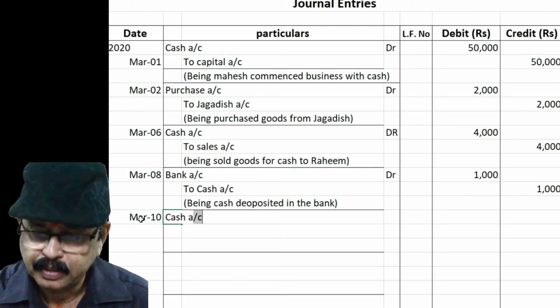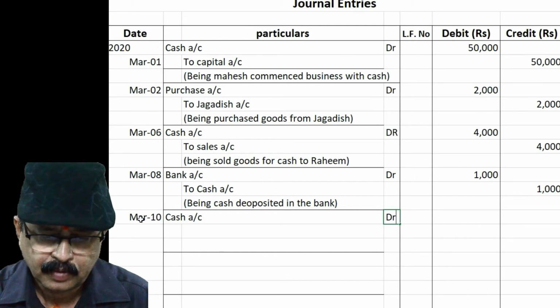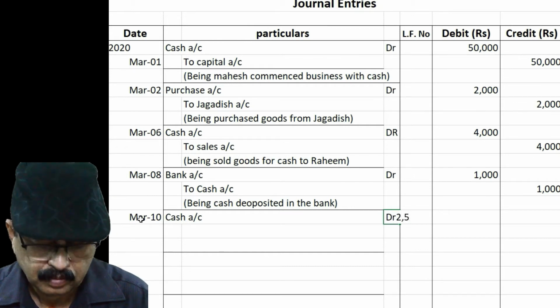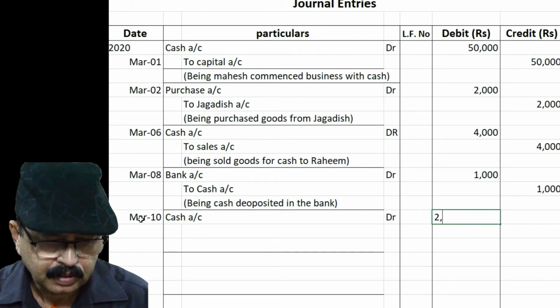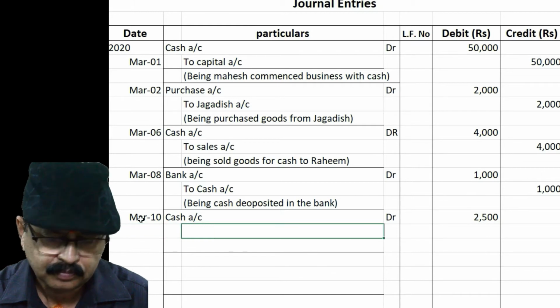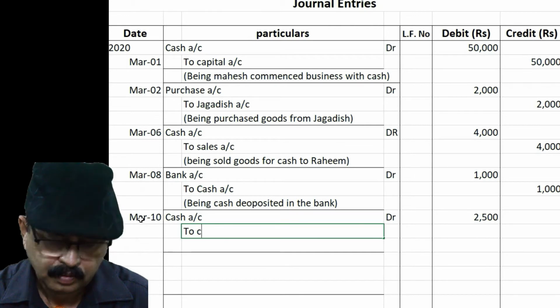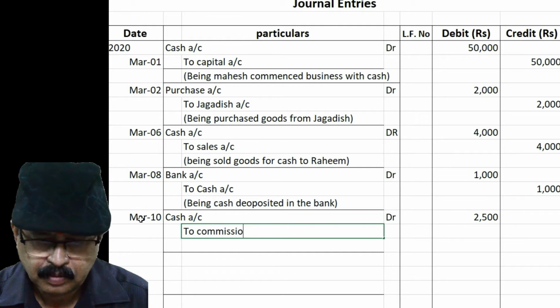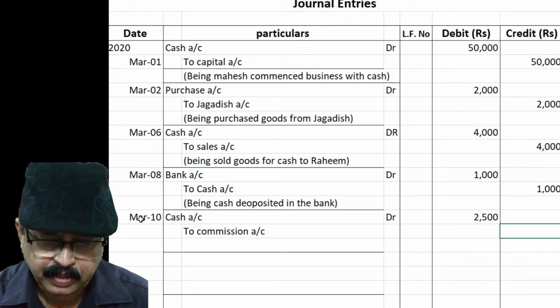Cash account debit 2500. To commission account, directly in the credit column 2500.